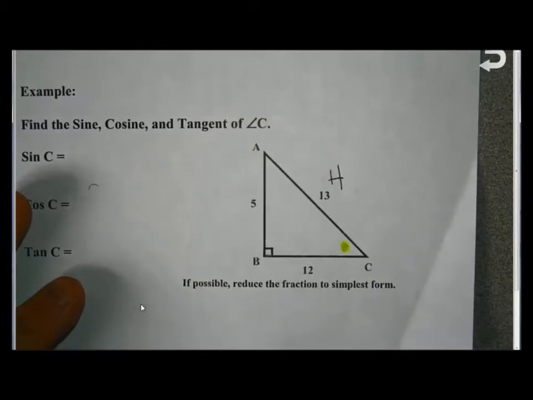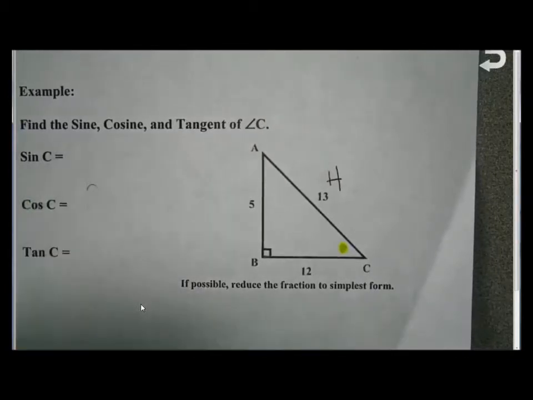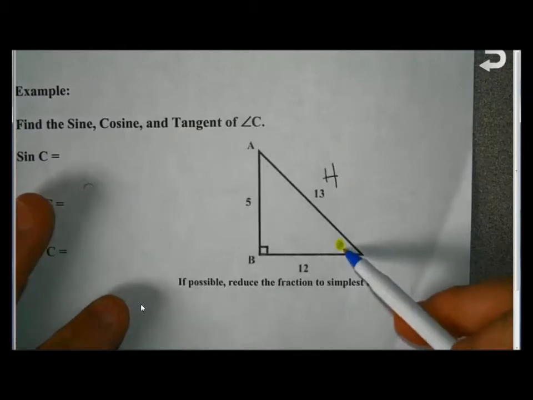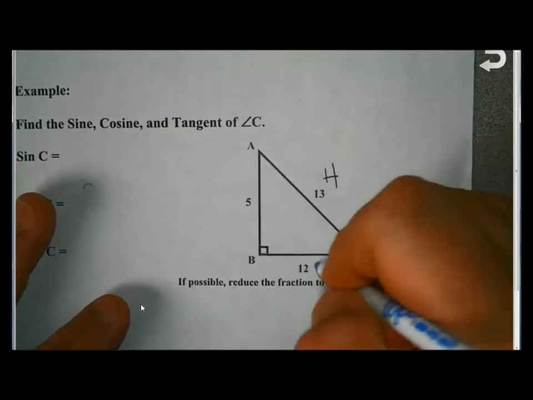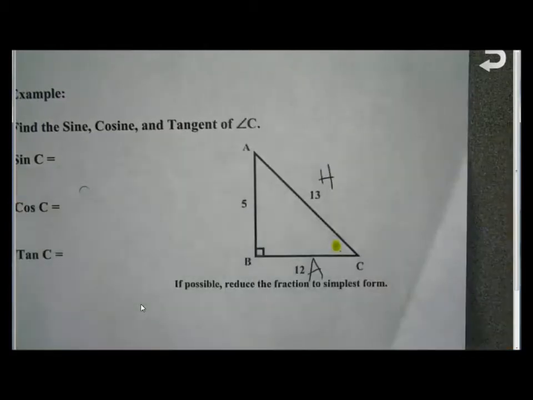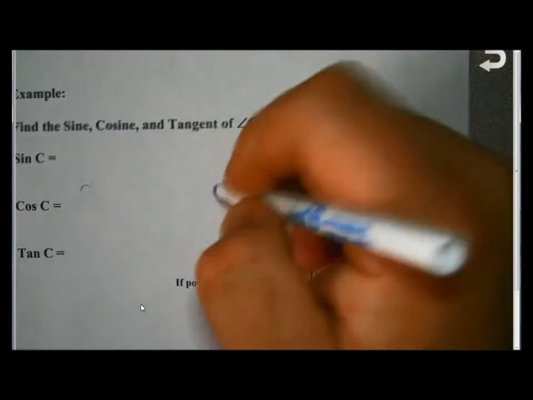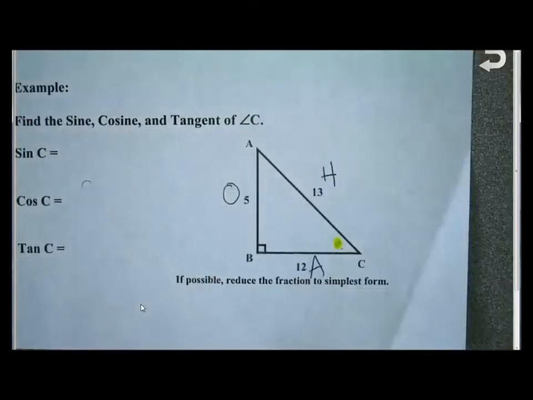Because I need to back up. We're doing angle C, right? So what number is adjacent to angle C? 12. 12 is the adjacent. So then that means that 5 has to be the what? Opposite. Okay?